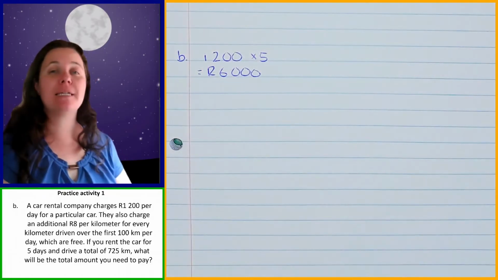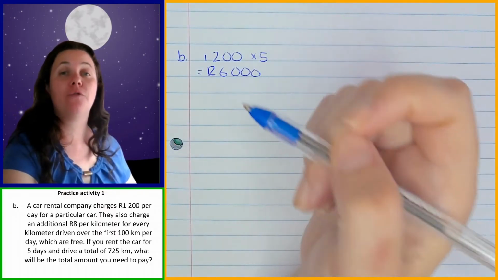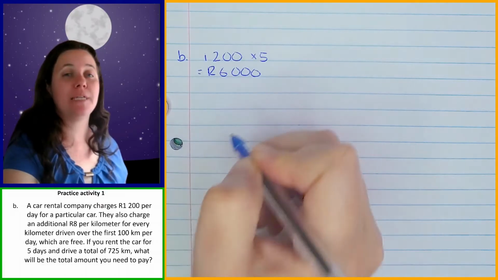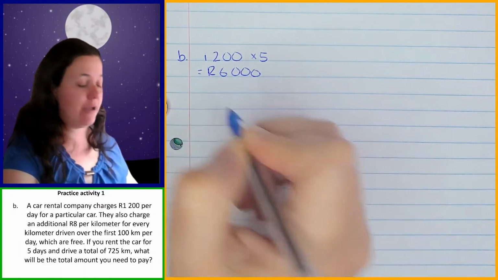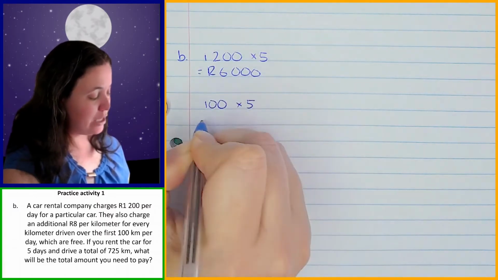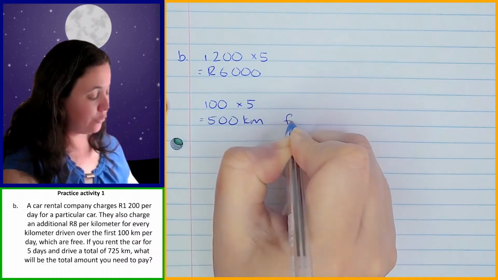So now we need to work out how many extra kilometers they drove. Okay, so first let's see how many kilometers they would have got for free. So if they are renting for 5 days, then we would multiply the number of kilometers per day that they're allowed for free by 5. So that's going to be 100 that they're allowed per day times 5. So that is 500 kilometers that they're allowed for free.